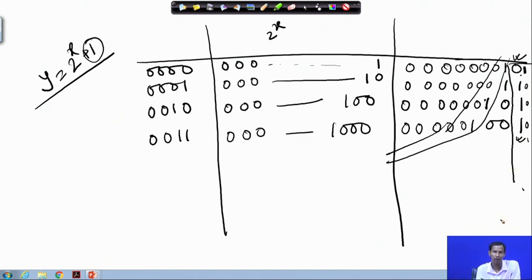That means, from this particular logic, the P0 modified of this particular circuit will be what? If this is the P0 from 2 to the power x, and the changes are elsewhere.